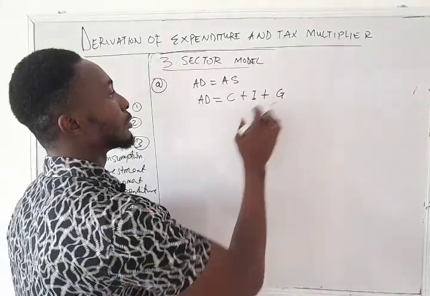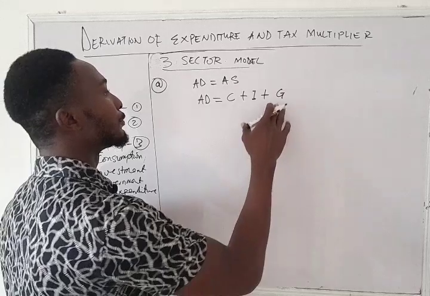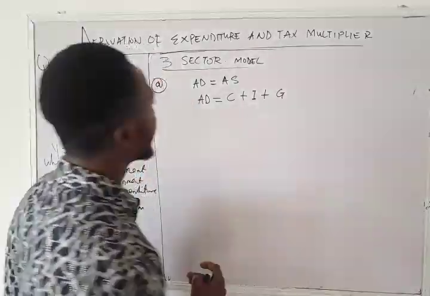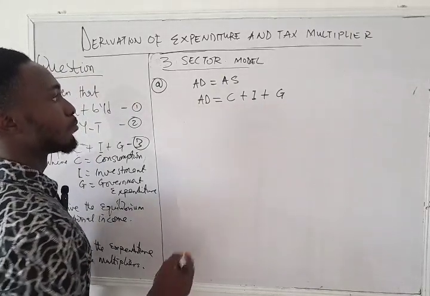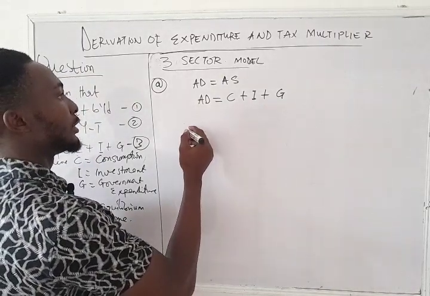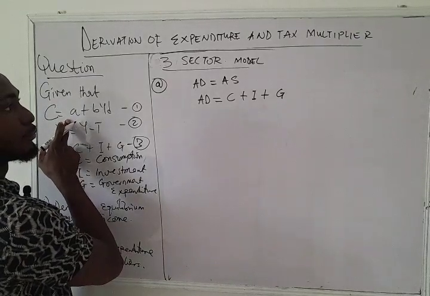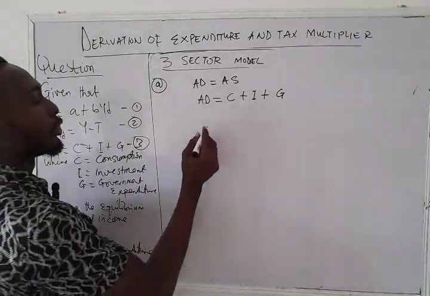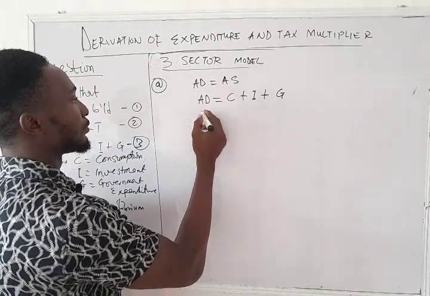And then G represents government expenditure, which also represents the demand of the government. So this is the aggregate demand or aggregate expenditure. And we can also see that we already have been given C here, our consumption function. So what then is the aggregate supply?